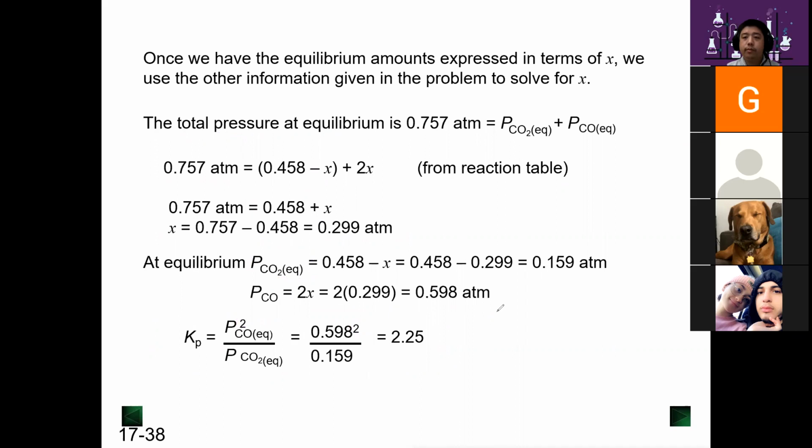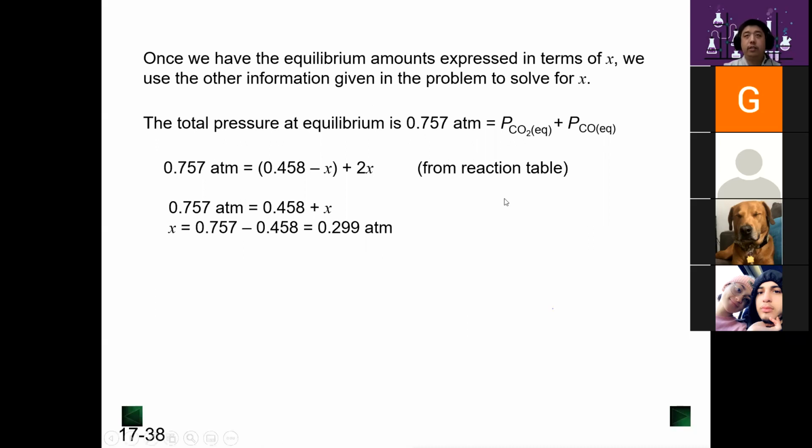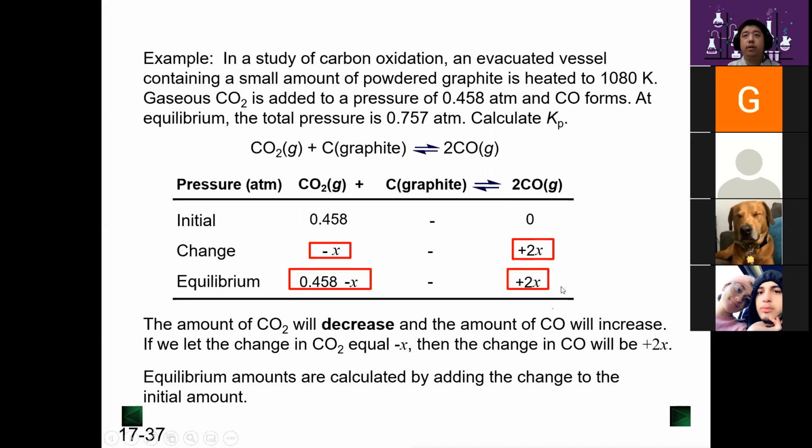Professor, where did you get the 2x from again? So let me go back. Give me a second. So 2x comes from this 2 right here. If I said I had A, or let's say 2A changes into B, okay?